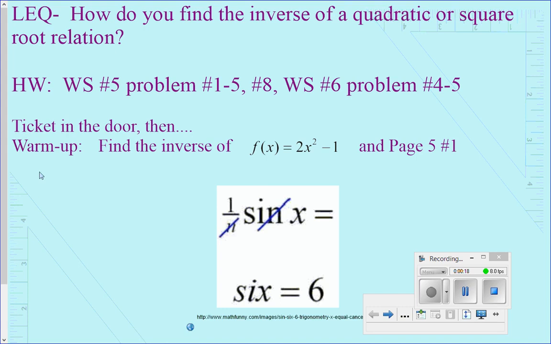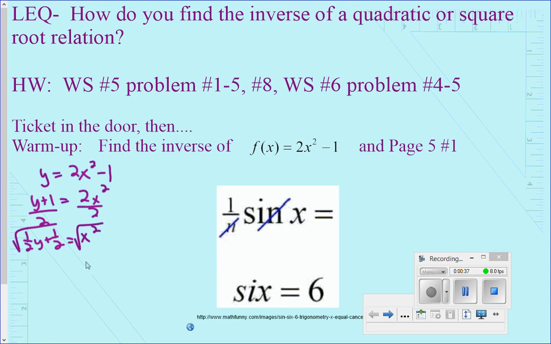So first one, we're solving for x, so add 1, divide by 2, simplify: 1/2 y plus 1/2 equals x squared. Square root. Square root of x squared is the absolute value of x. Hopefully you remembered that.